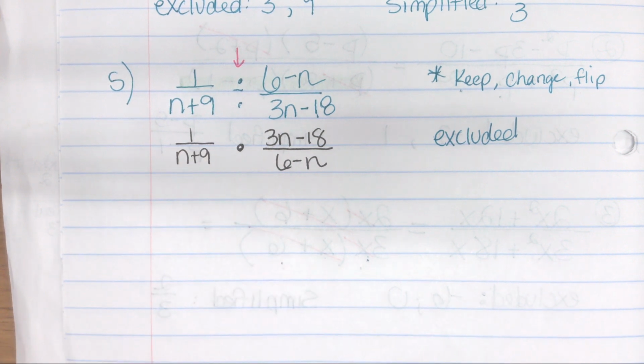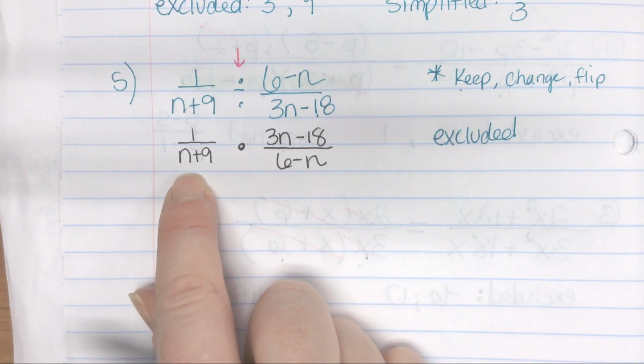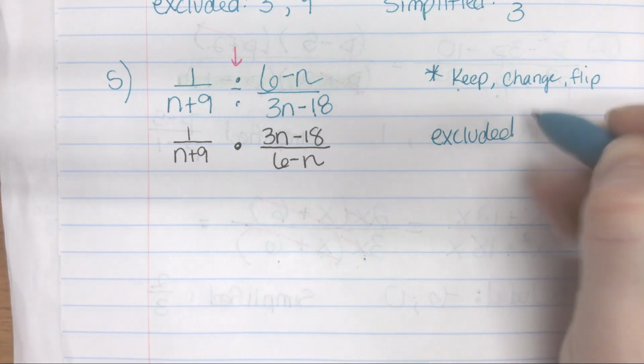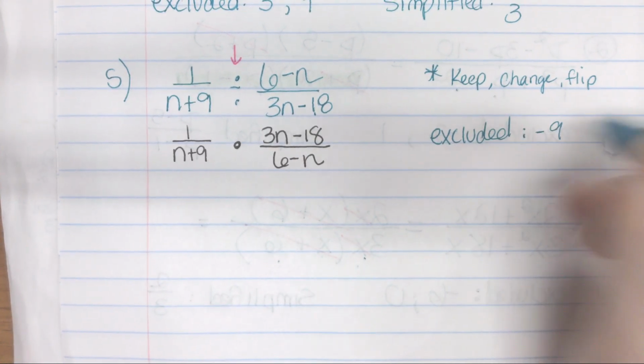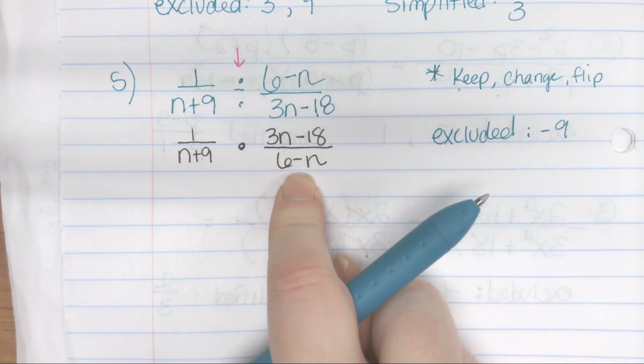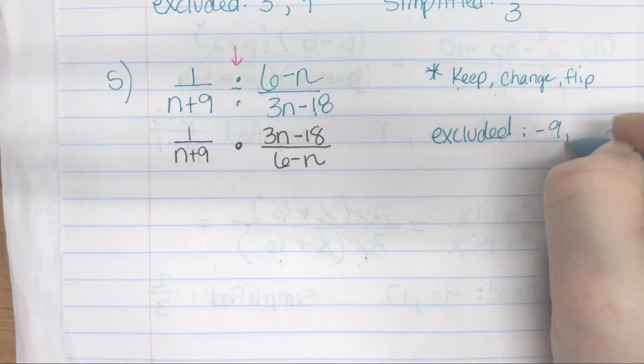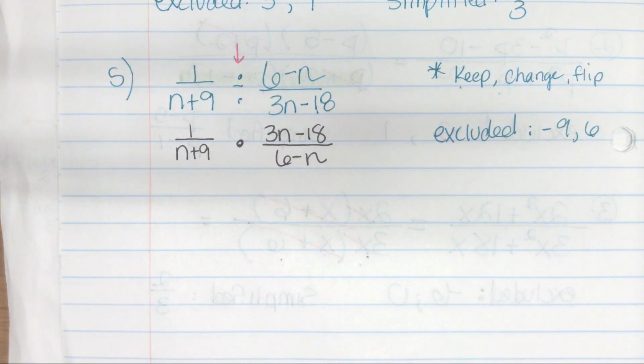But what would n be that would make n plus 9 0? -9, yep. And what would make this factor 0 if n were what? It's positive 6, because it's subtraction already. Yeah, so 6 minus 6 would, so excluded is that. Okay, so let's put some things together.